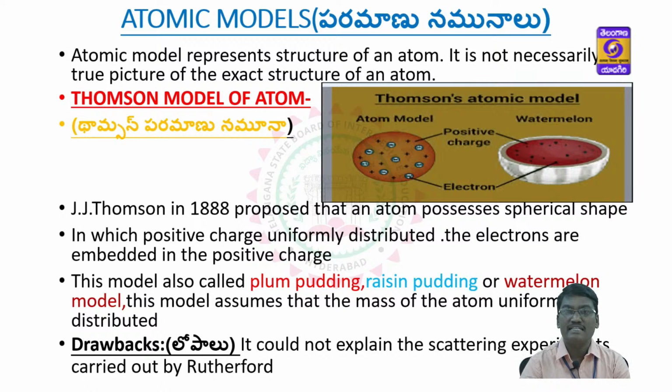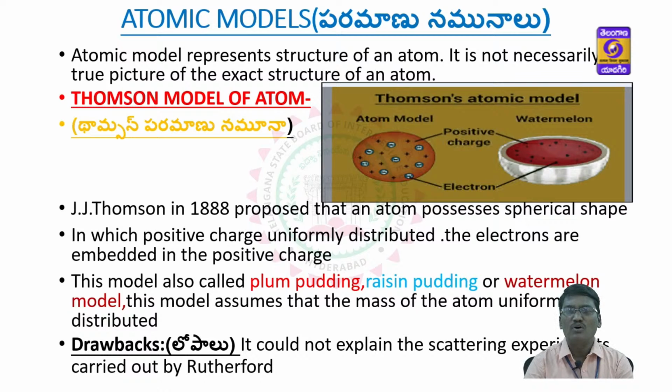The negatively charged electrons are embedded in the positive charge, just like in a watermelon. The redness of the watermelon is like the positive charge, whereas the black seeds are the electrons embedded in it. So the atom contains a total positive charge, and inside that positive charge the electrons are present.